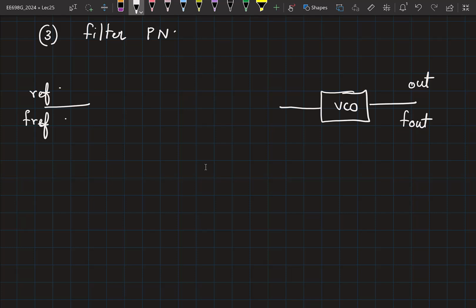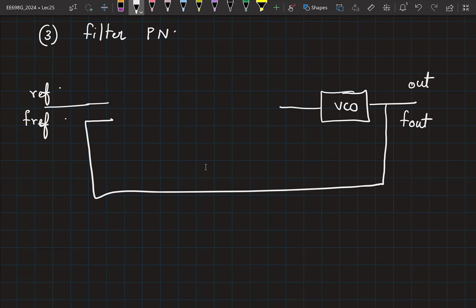It's a feedback loop. What do you have to do at first? You have to detect some error, right? Which means you need to compare both of them. Okay? So you will take your output and you will compare them. Right?